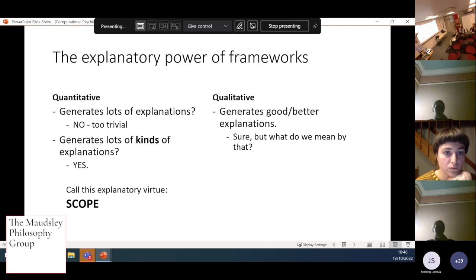No, that's not what we're after. That's too trivial. Generates lots of kinds of explanations, that's more like it. And qualitatively, does it generate good explanations? So call the quantitative side the explanatory virtue of scope. Let's bank that. Scope is one of the explanatory virtues we're interested in.